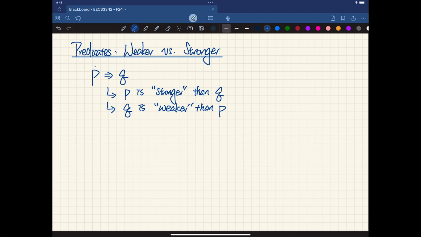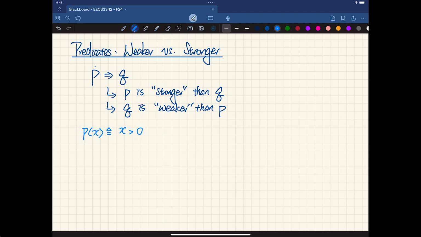All right? These two terms are equivalent. You can use either way. But I typically prefer to say which one is stronger. Okay? Doesn't matter. But let's see some example, and then I'll give you some idea about visualizing it, which might also help. Let's say, for example, I got P of X, by definition, it is X larger than 0. These are predicates.